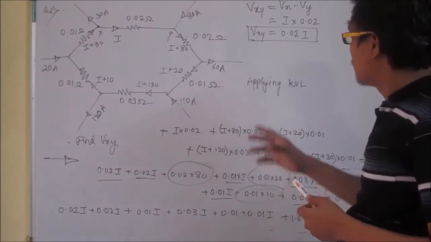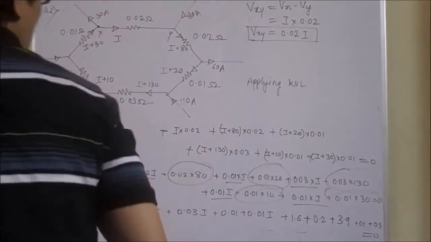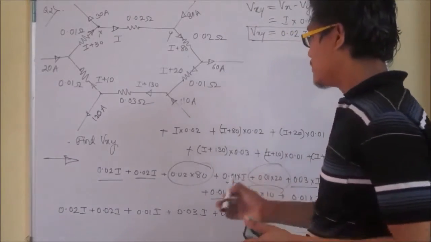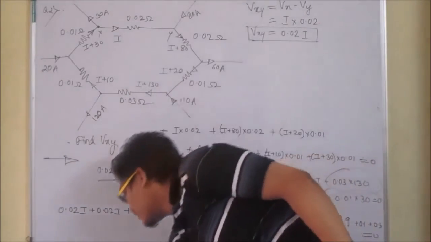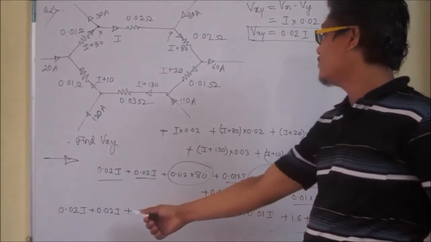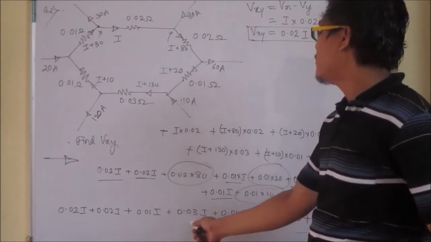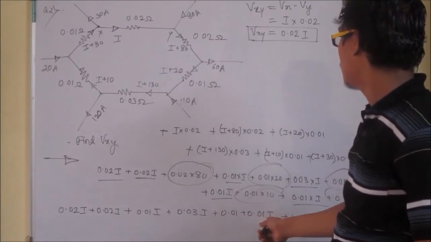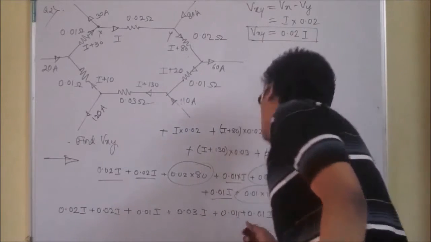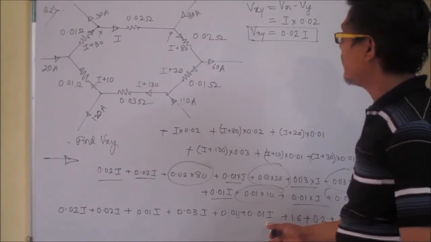I'll just rub this. Looking at the upper side, I see 0.02 plus 0.02 plus 0.01, that is 0.05, 0.08, 0.09, and 0.09 plus 0.01, that is 0.10.